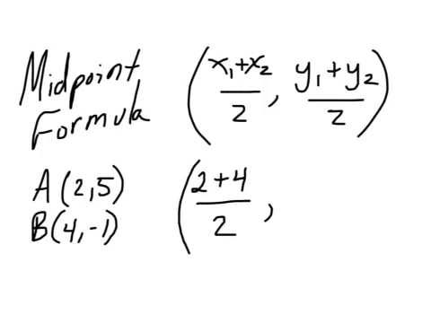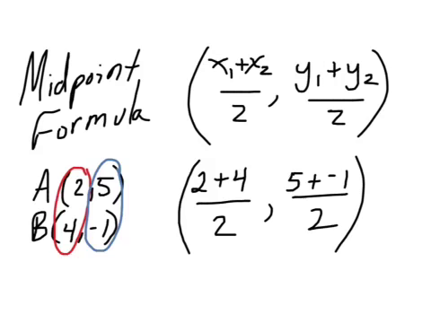Now what most people do wrong, these are the x's, these are the y's, not the other way around. A lot of people do 2 plus 5 and then 4 plus -1, and they're adding x's and y's together rather than both x's and both y's. So be very careful with that, because that does tend to throw you off.